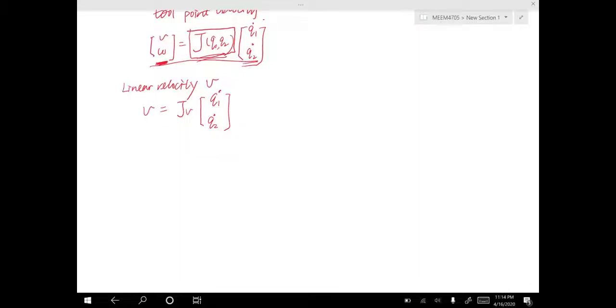Let me show you the matrix operation. Here we have a v and we have an omega, and these are two variables that I want to calculate. Assume that I have a matrix R11, R12, R21, and R22. And then I have the q1 dot and q2 dot.